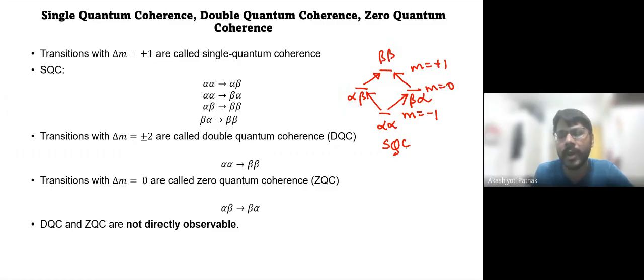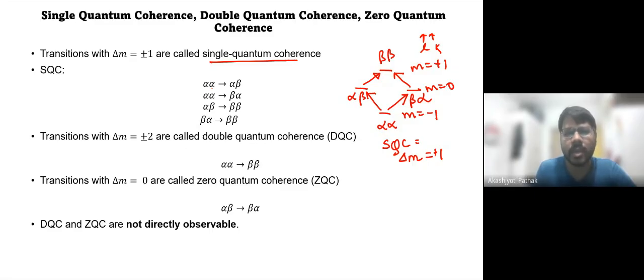Single quantum coherences are those that result in a delta m of 1, so either +1 or -1. If we consider two spin systems, L and K, where L is in the alpha state and K is also in the alpha state, we have seen these things already. If any transition results in a delta m of ±1, it is called a single quantum coherence.